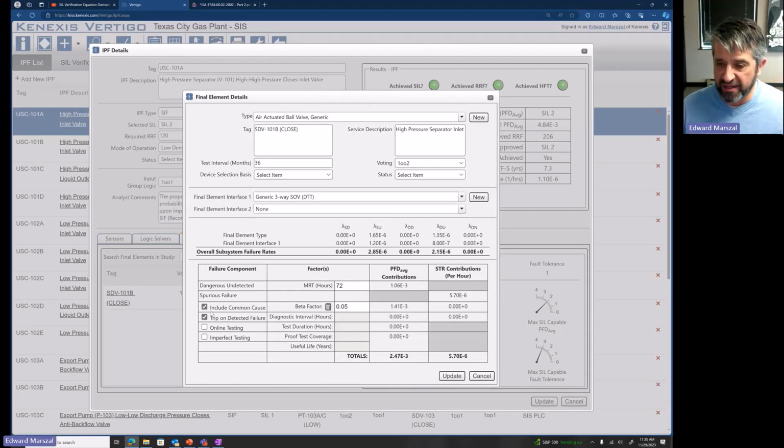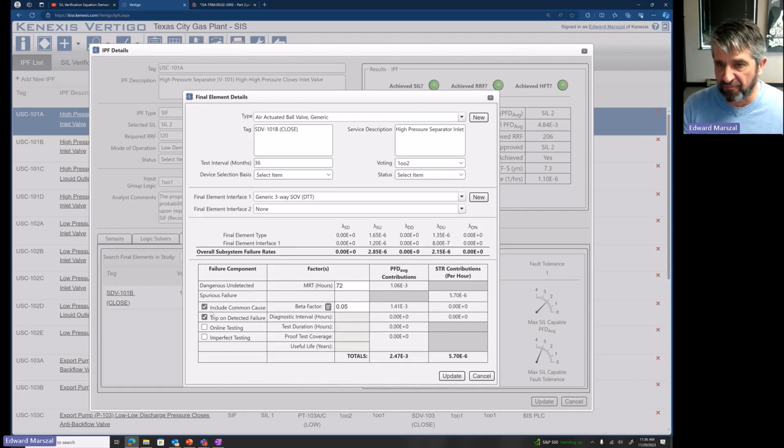The mathematics in your LOPA can vary depending on what your company's preferences are, but what we at Kenexis espouse and is truest to the mathematics is that a LOPA scenario will be caused by multiple initiating events.